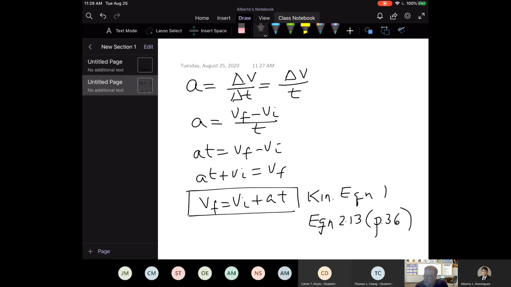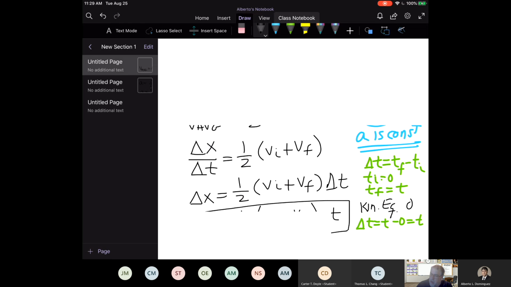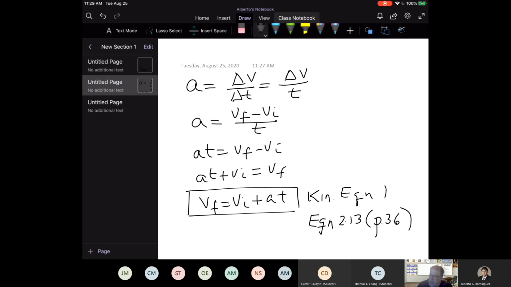All right. I'm going to go on to another derivation. So now we know a little more, and that's usually the nature of deriving stuff: you start from 1 plus 1 equals 2, but then as you build up more things, you have more tools to derive stuff. So I had the definition of V and I got an equation, and I had the definition of A and I got an equation.